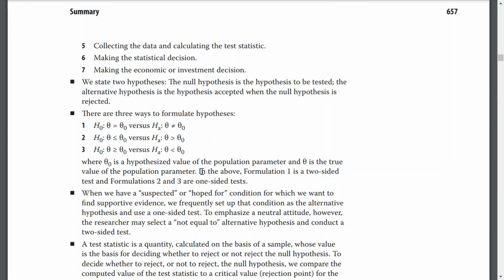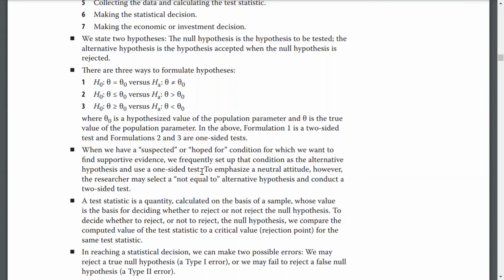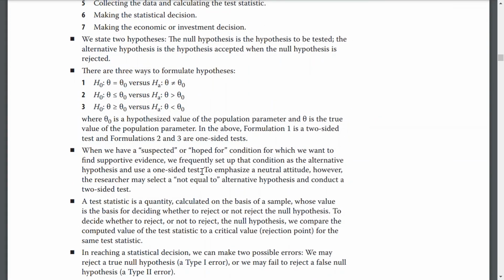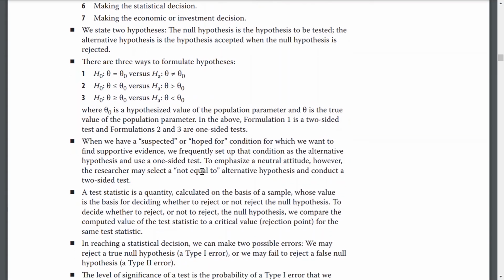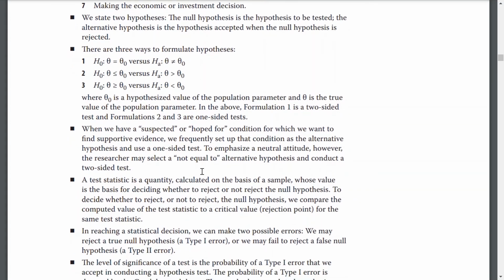Formulation 1 is a two-sided test, and formulations 2 and 3 are one-sided tests. When we have a suspected or hoped-for condition for which we want to find supportive evidence, we frequently set up that condition as the alternative hypothesis and use one-sided tests. However, the researcher may select a not-equal-to alternative hypothesis and conduct a two-sided test.